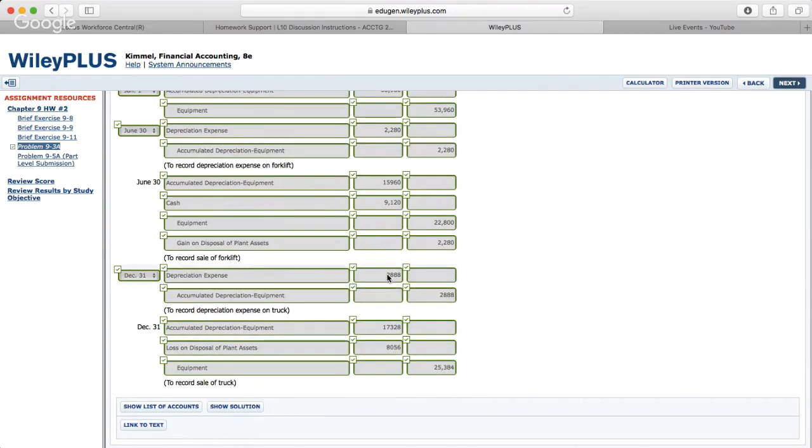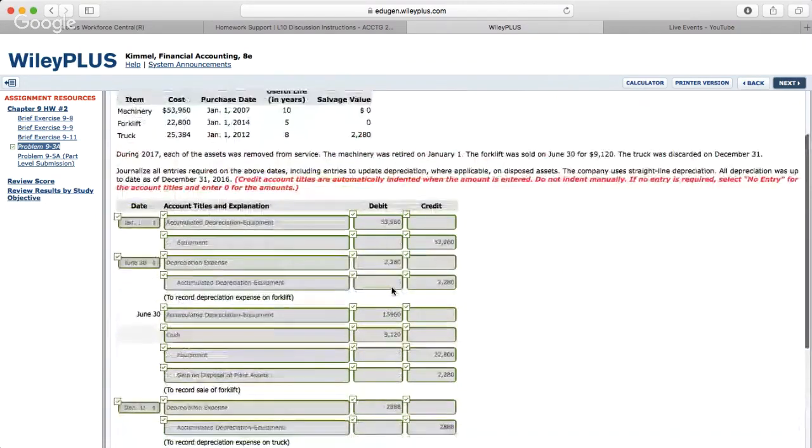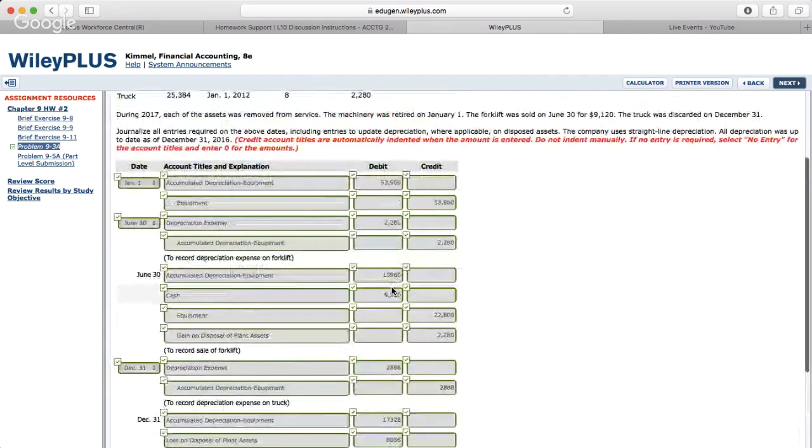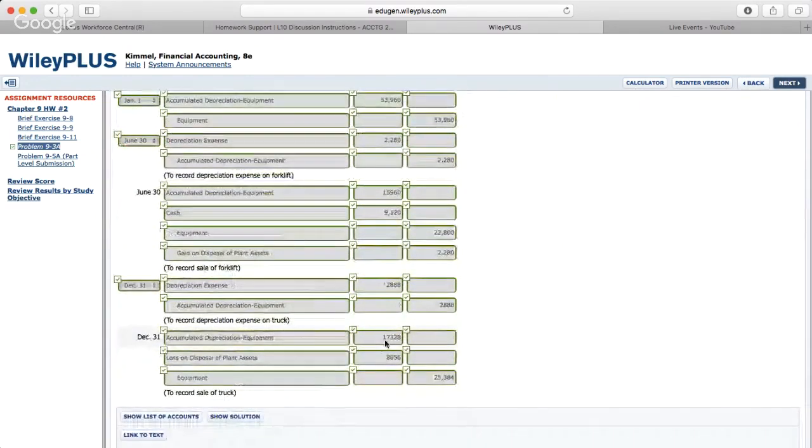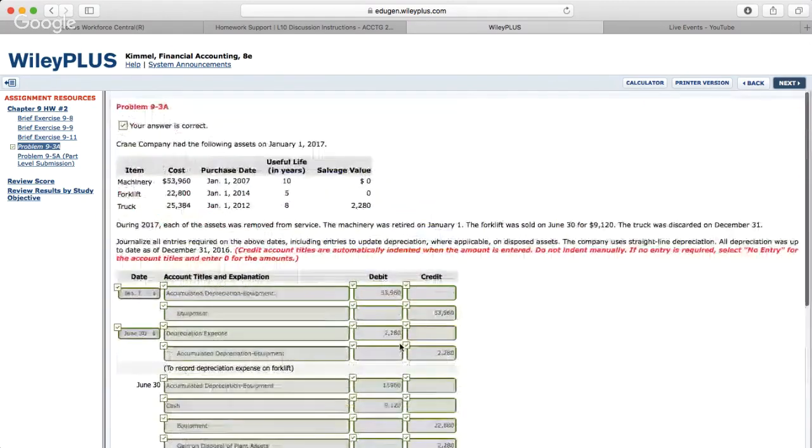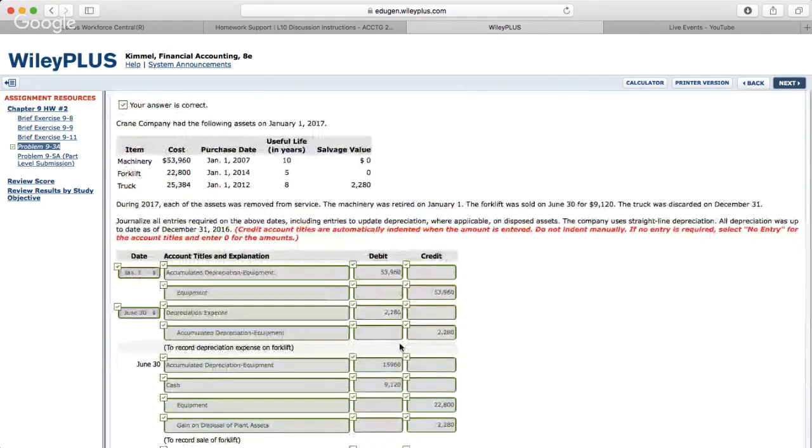You multiply the depreciation above by 6, and you get 17,328. And to get the loss on disposal of plant assets, you just subtract the accumulated depreciation from the equipment, and that gives you the 8,056. So hopefully that made sense for you guys.